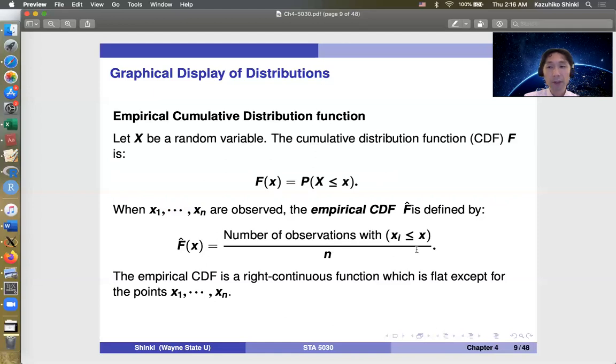This is approximately the same as F of x. Since the x are random, of course we have some fluctuation, some randomness, but if we have a large number of observations, F hat of x is pretty close to the true F of x. This is called the empirical CDF because it is an estimate for the CDF.